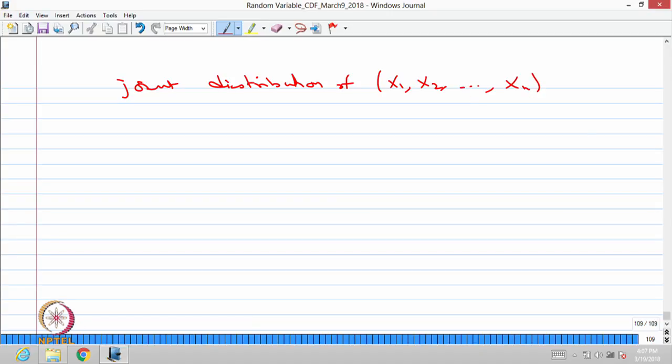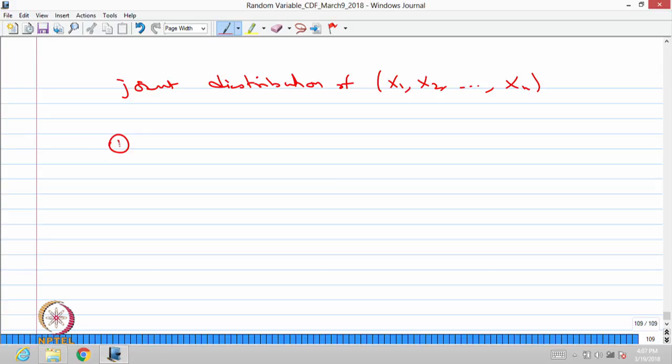Earlier we used the word distribution of x1. Now we are studying the distribution of n random variables together or jointly. Therefore it's called a joint distribution of n-dimensional random variables. So first we can discuss what is the CDF, cumulative distribution function.